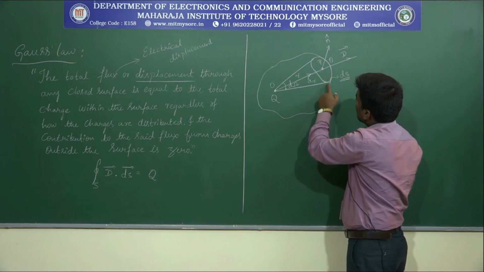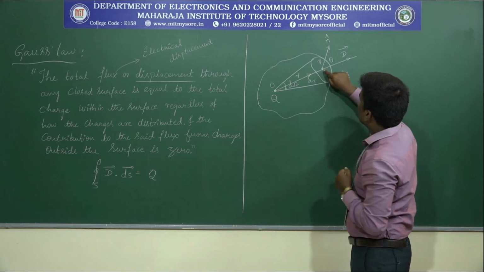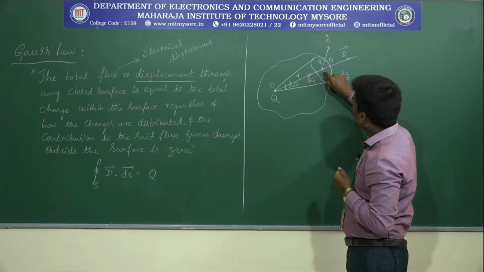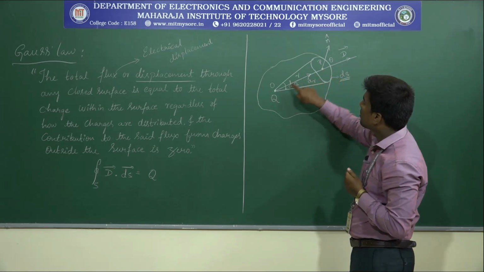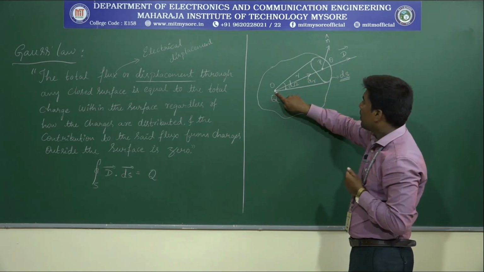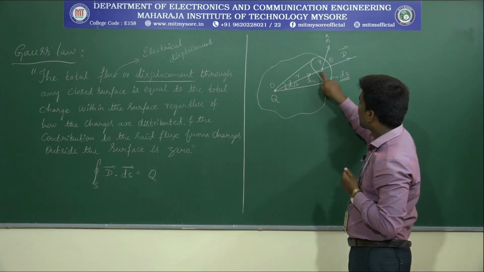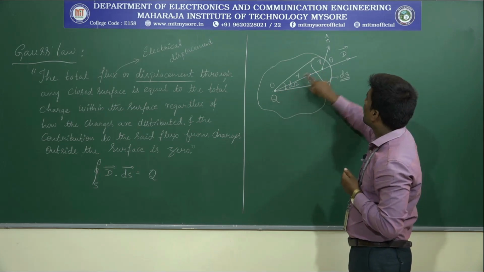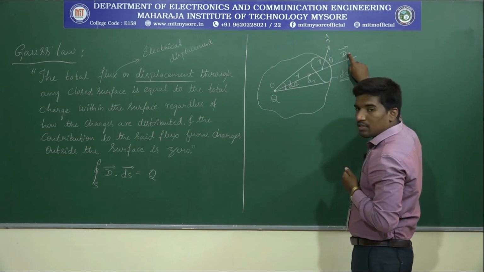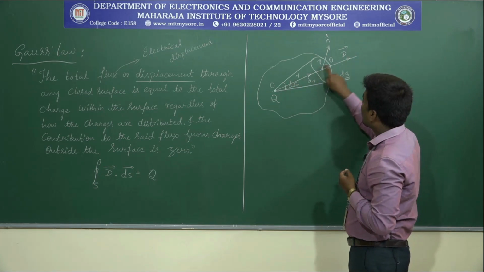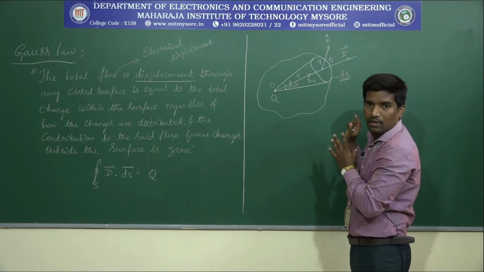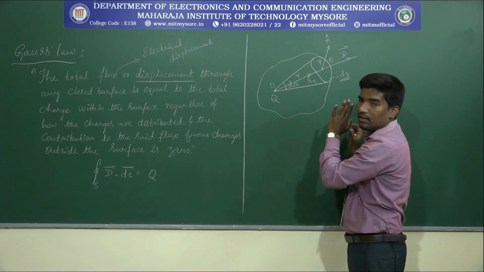Let P be the point on this elementary surface area, which is kept at distance r from O. Unit vector, flux density and electric field intensity all act along the line O to P.